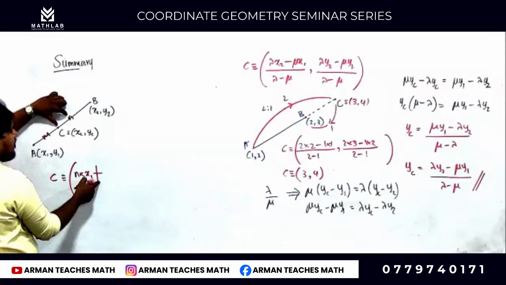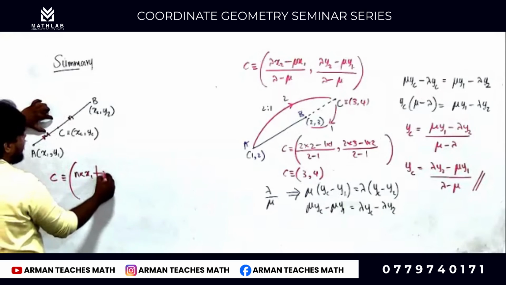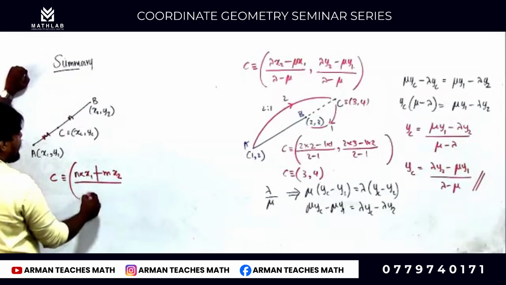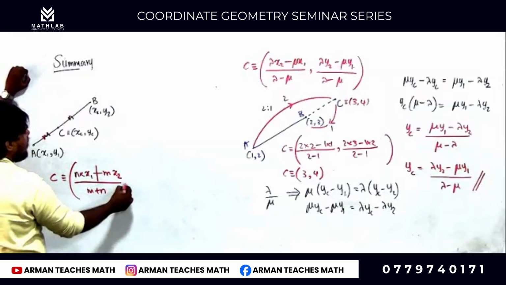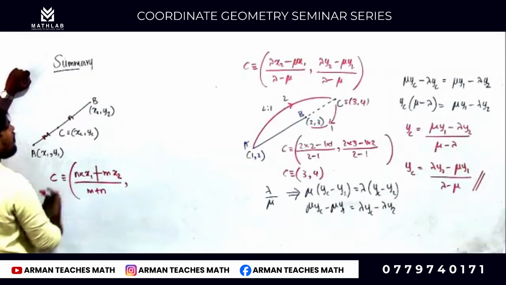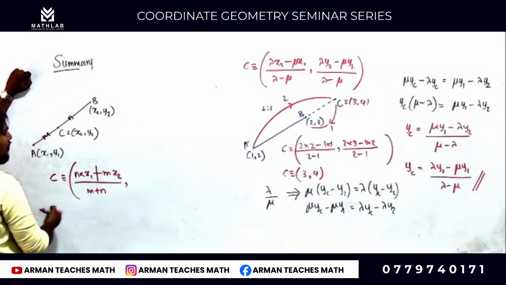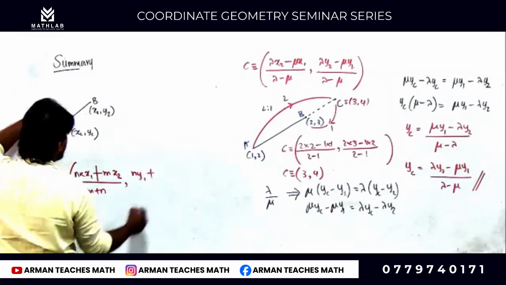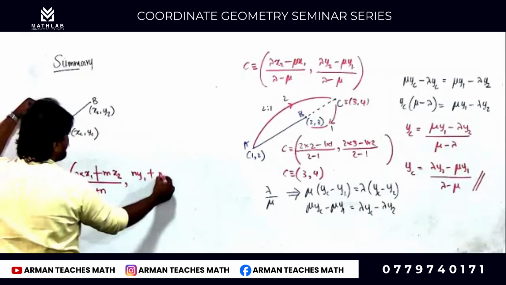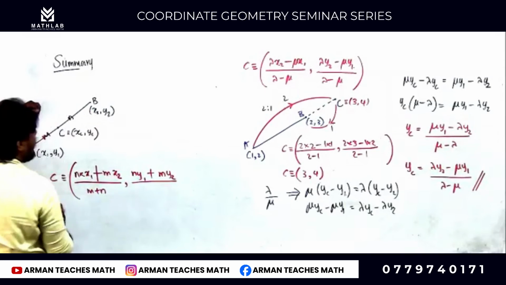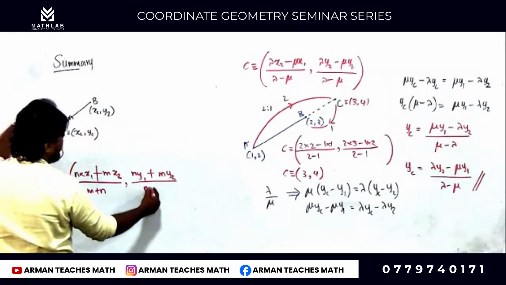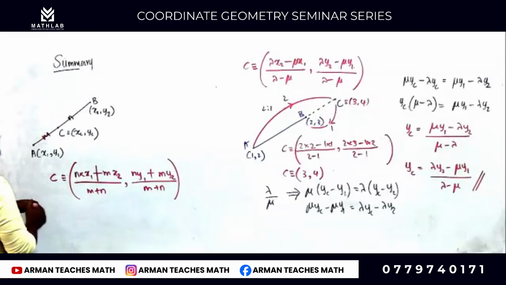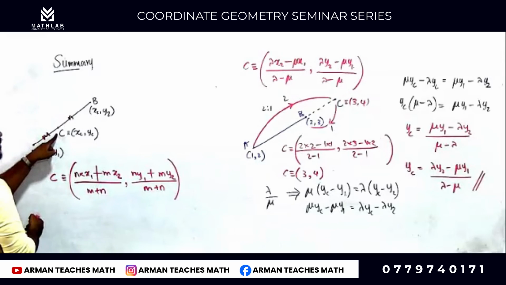Internally means plus. m times x2 divided by the sum of the ratios, m plus n, comma, the same pattern applies for the y coordinate also: n times y1 plus m times y2 divided by m plus n. That's how we calculate the xy coordinates if it is divided internally.